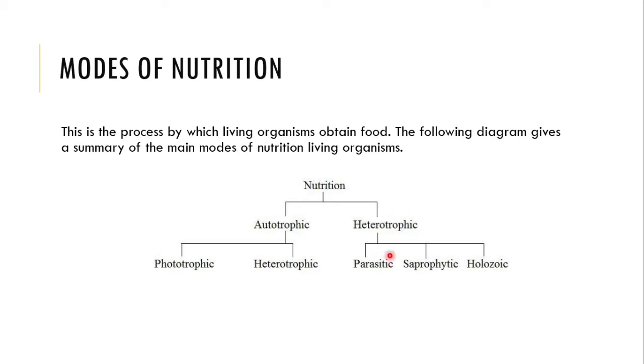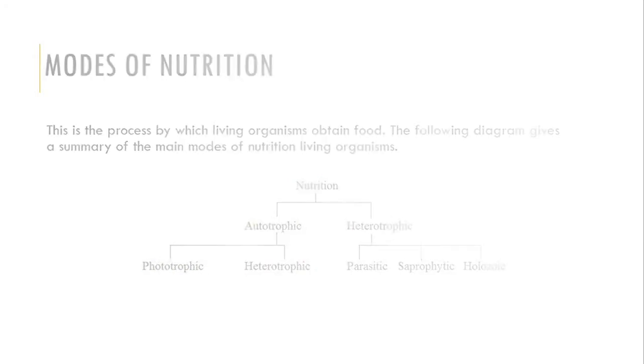These are the three types of heterotrophic nutrition. Again, here it was supposed to be chemotrophic and not heterotrophic. So under autotrophic, we've got phototrophic nutrition and chemotrophic nutrition. I hope I have made myself clear on this point.